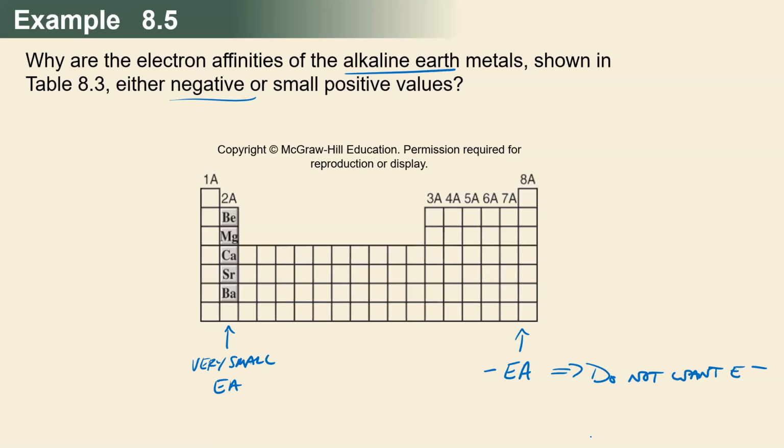So a large positive electron affinity means, give me more electrons. Fluorine, his electron affinity is through the roof. He really wants another one. But right next door to him, neon, his electron affinity is very negative, because he does not want another electron. All of his subshells are full.